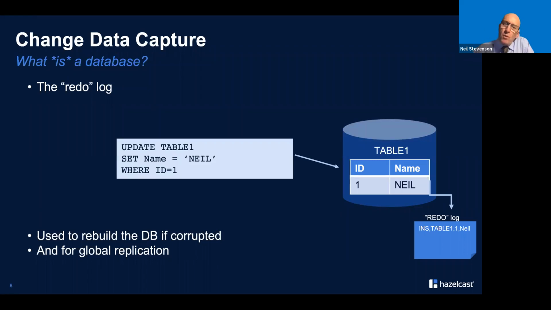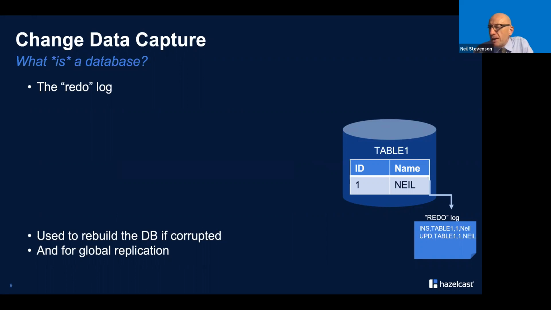And then what you might do is an update, because we decide we want to put my name in all capital letters. So we're now changing it to name equals NEIL where ID equals 1, and that changes the record in the database. And that causes an update record in the redo log. And this is the key part to it: the redo log is a sequential series of what has happened.